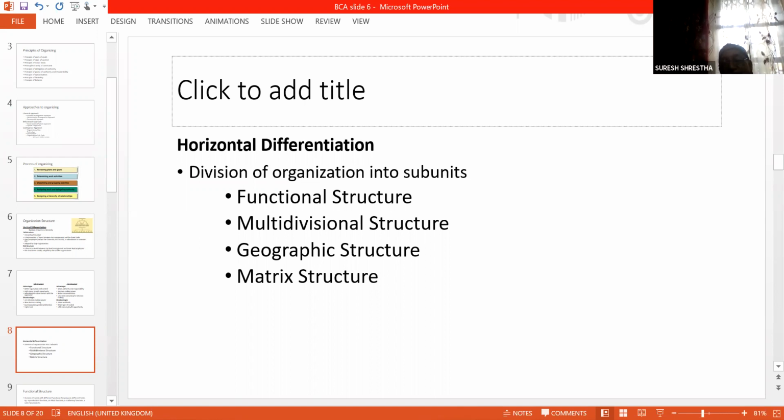Organic organization भनेको कस्तो, mechanistic organization भनेको कस्तो, त्यसलाई चाहिँ नि क्लियर गराउने किसिमको चाहिँ bring the presentation to the class in the next class. Got it?